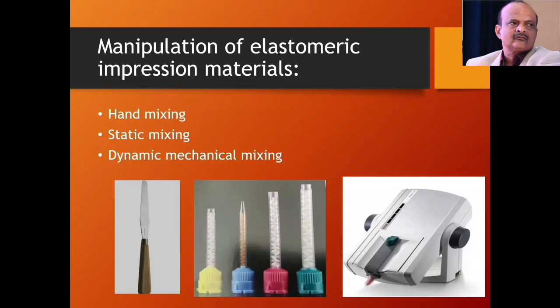You may ask me, if the static mixing tips are used, that much material may be wasted, but we tend to waste more material in hand mixing than in static mixing. Then there are electric mixing machines, or dynamic mechanical mixing machines, called Pentamix. In this, usually polyether or polyvinyl siloxane materials are manipulated, and this will ensure a void-free, uniform and homogeneous mix of the material.